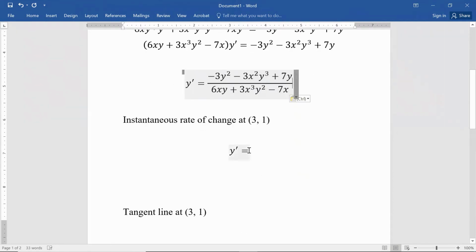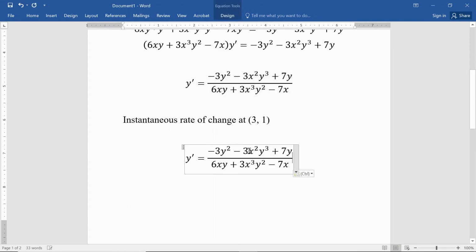Notice a lot of people will try to cancel things. You cannot cancel things because there are multiple terms on the top, multiple terms on the bottom. What I can do is I can take this big fraction and see what happens at the point (3, 1).